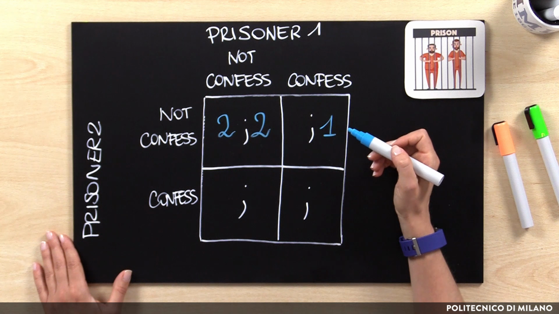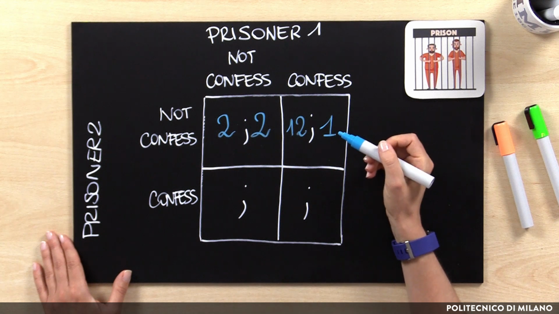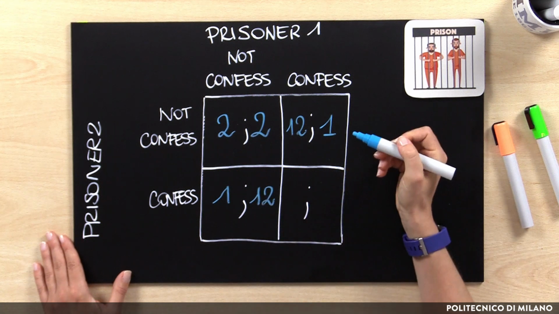On the contrary, prisoner 2 is accused of both the bank snatching and the major crime, for a total of 12 years of prison without any reduction. The game is symmetric for the 2 players, and so payoffs are exactly the same but inverted, also for the case where prisoner 2 is confessing but prisoner 1 not.